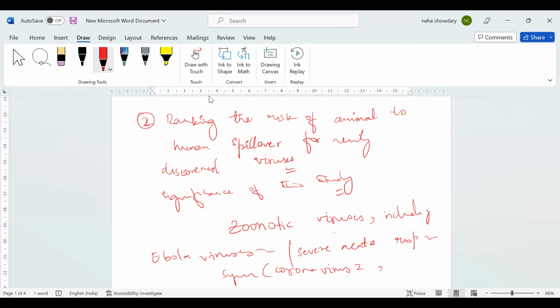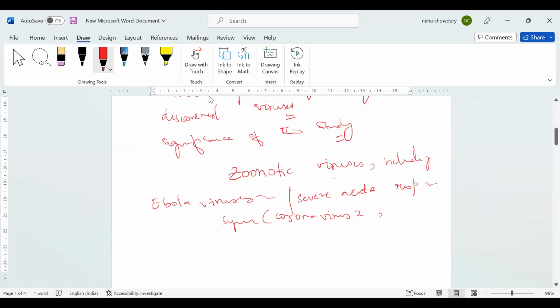It demonstrates that animal sourced viruses are a very real threat to global public health.